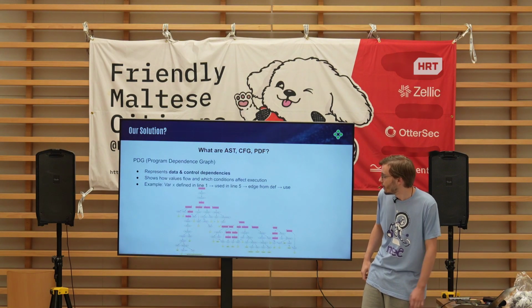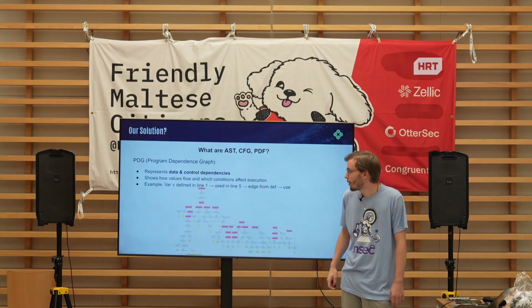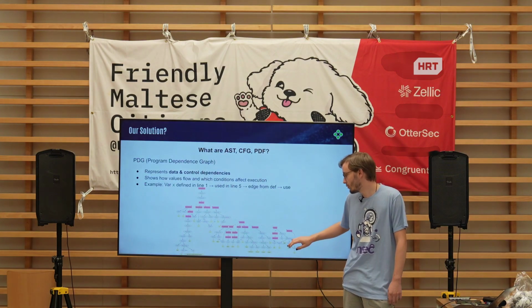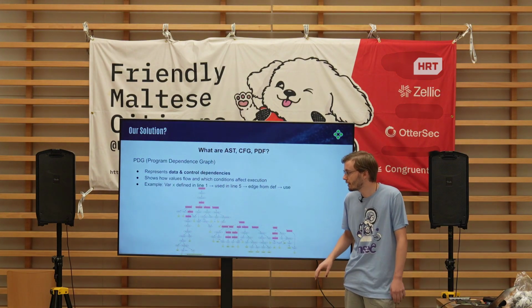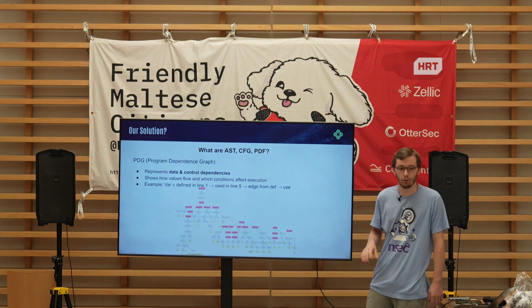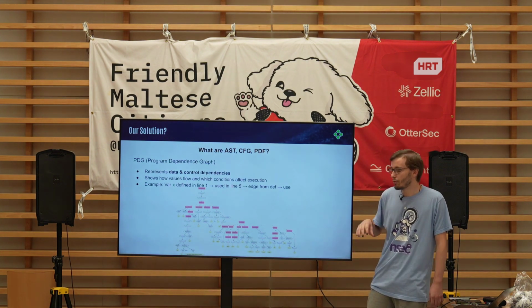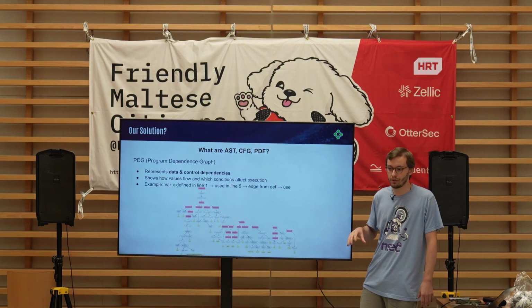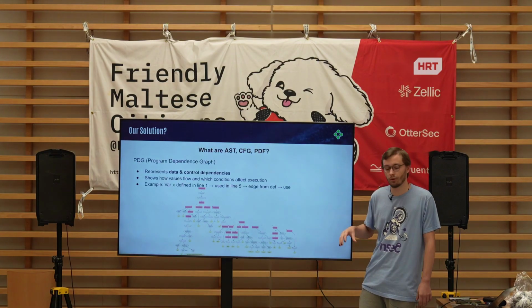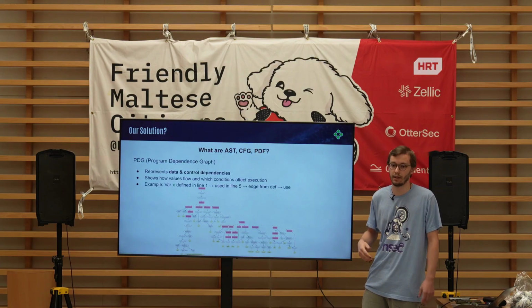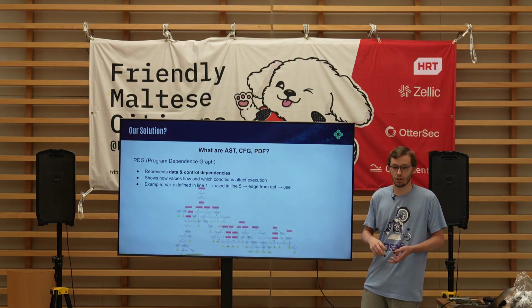And finally, program dependence graph. It's a bit too big to show, but basically it represents data and control dependencies in a program. So it allows you to see how values and data flow, in which condition and how. Is there a condition, a check? Where does it come from?